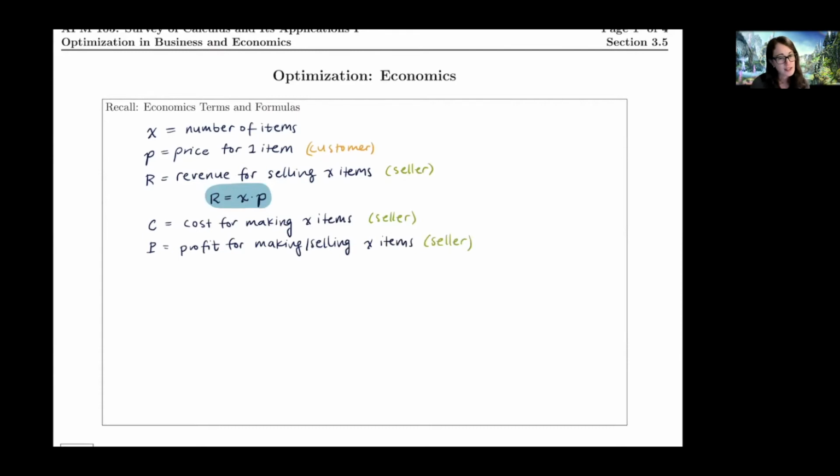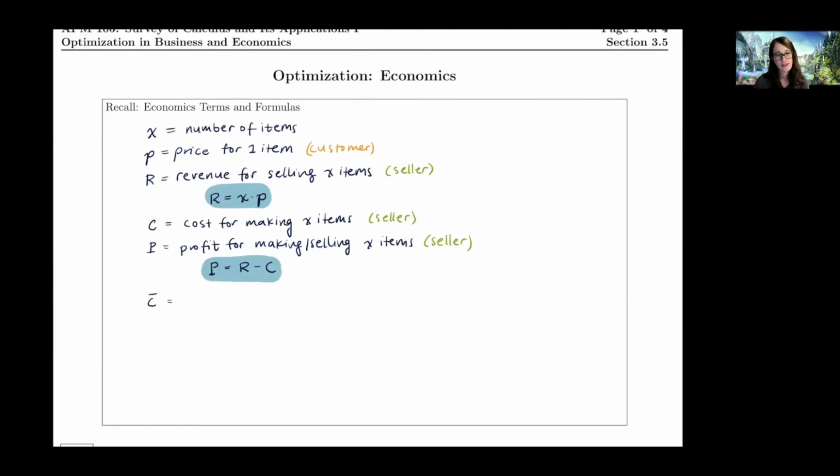We have a formula for profit that is always true as well. Profit is always the money collected, which is revenue, and then take away the money spent, which is cost. And whatever's left over, that's what we call profit. So here's a formula for profit, revenue minus cost. So this is all old stuff that we've been talking about for the whole semester. Here's a new one. This is C bar, C with a bar over it.